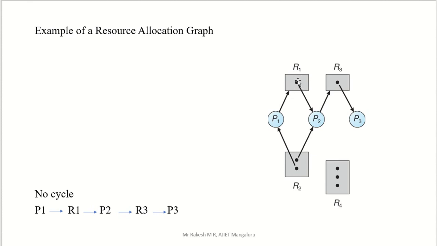That means only one resource, one instance. And here also one instance. Here 2 instances, because 2 dots are there, so 2 resources for R2. And R4 contains 3 resources. So these are the resources, and P1, P2, P3 are the 3 processes. Now how are we going to explain this?